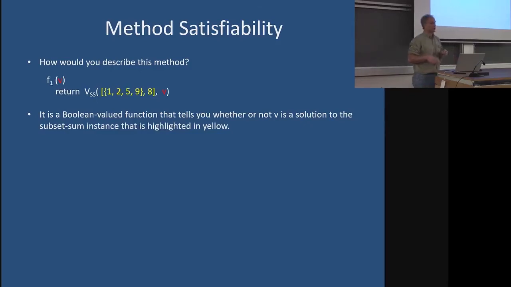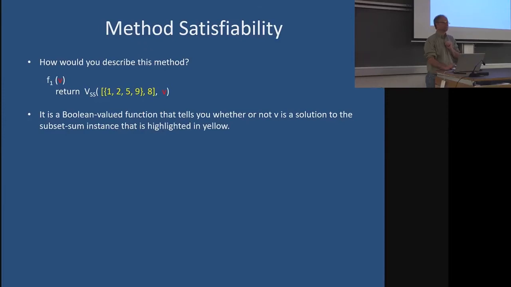Does anyone see where we're headed yet? Well, it's going to encapsulate any method. Okay. Well, yeah. F1 is what you would need to pass the method satisfiability. Yeah. And this is a polynomial conversion. Yeah. What happens if you pass F1 to MS? What's MS going to return if you give it F1 as input?